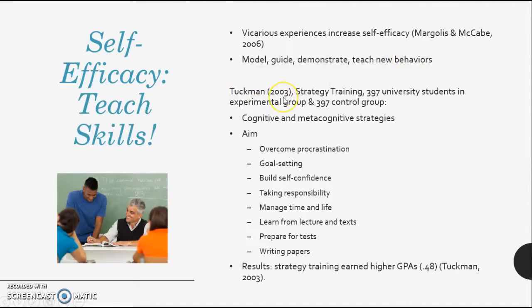Tuckman reviewed a research study in which half of the students, college students, were offered strategy training. They were taught cognitive and metacognitive strategies or study skills.